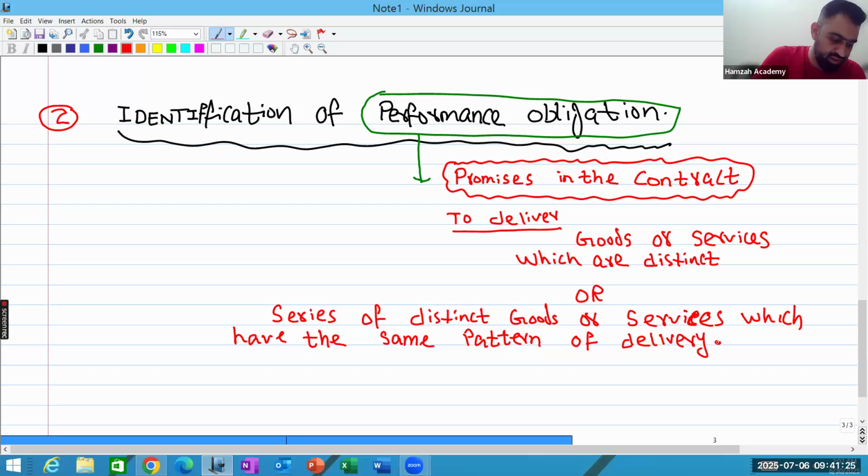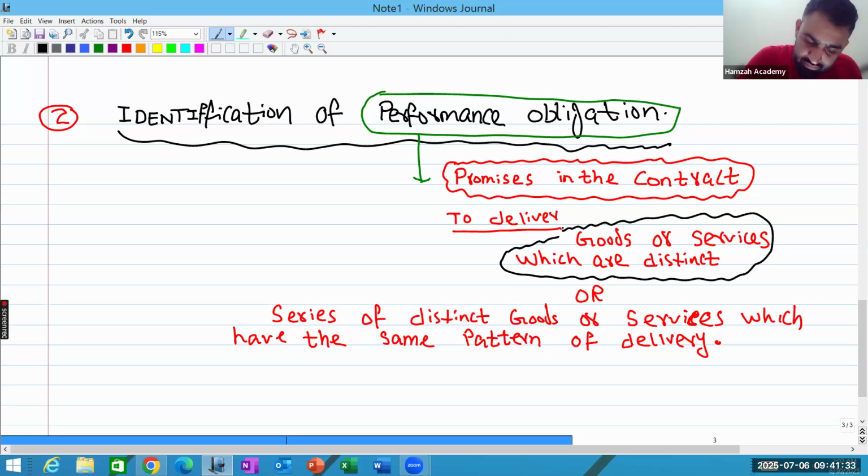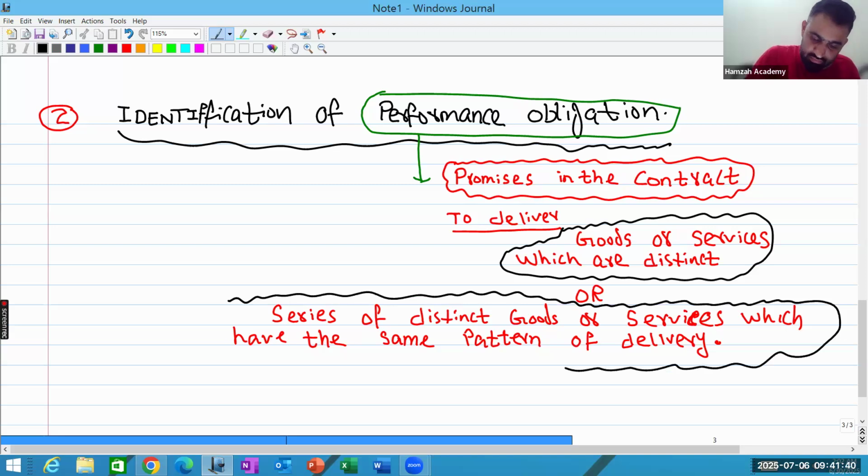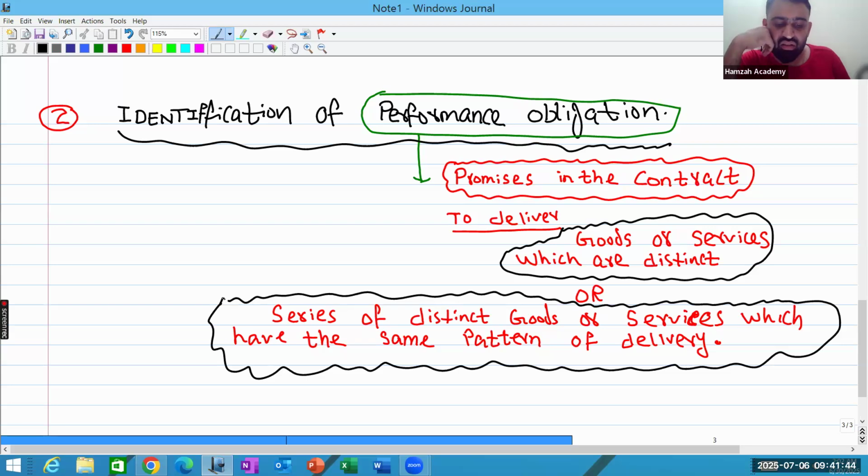So a performance obligation is a promise in a contract to deliver distinct goods and services or a series of goods and services which have the same pattern of delivery.